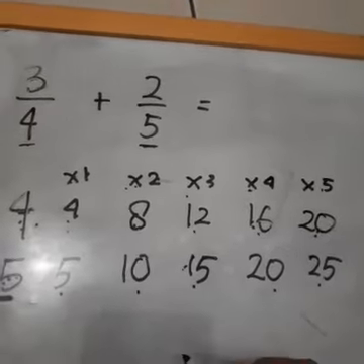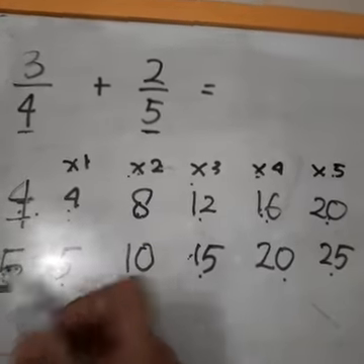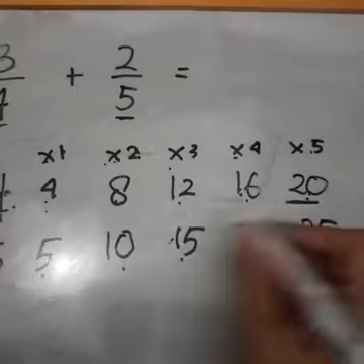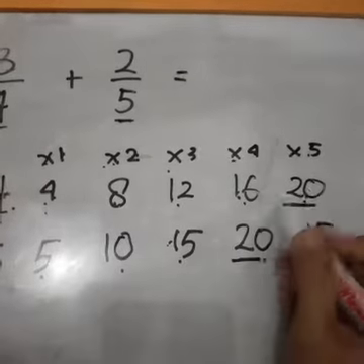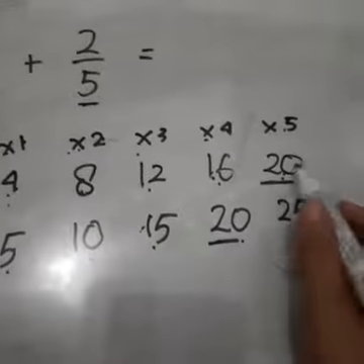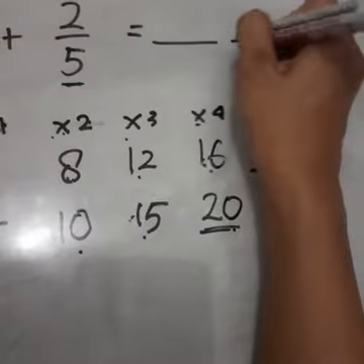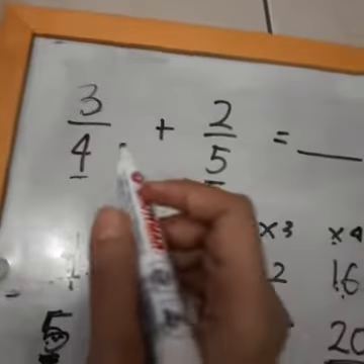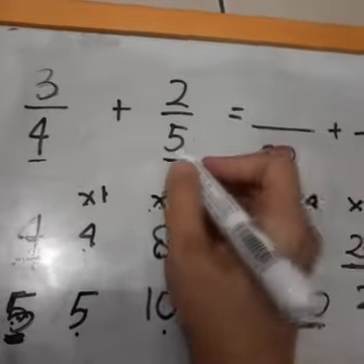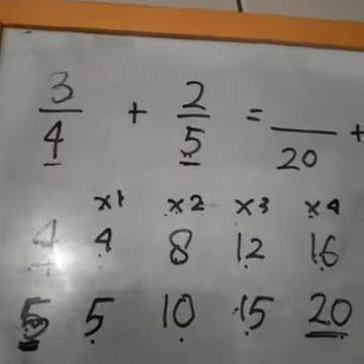So, both 4 and 5 have a common multiple, 20. So we can change the denominator of the first fraction to 20, and for the second fraction, the denominator we can change from 5 to 20.